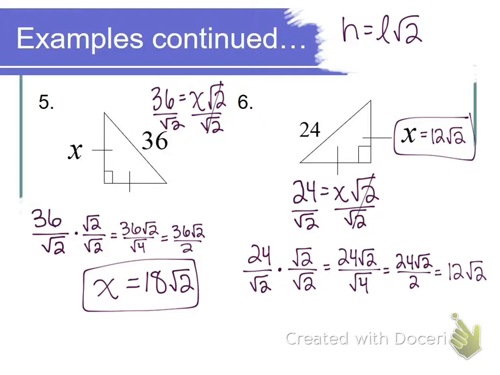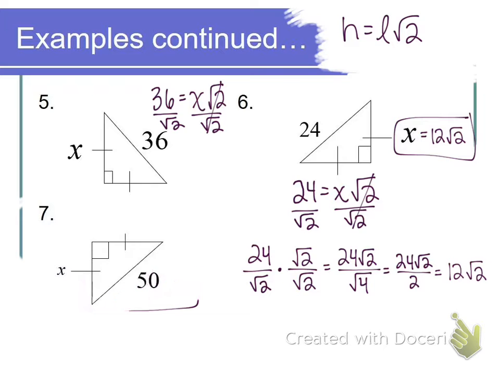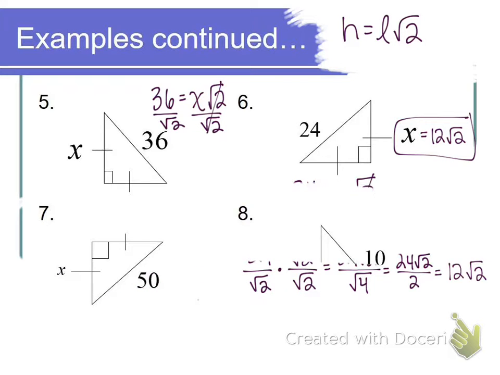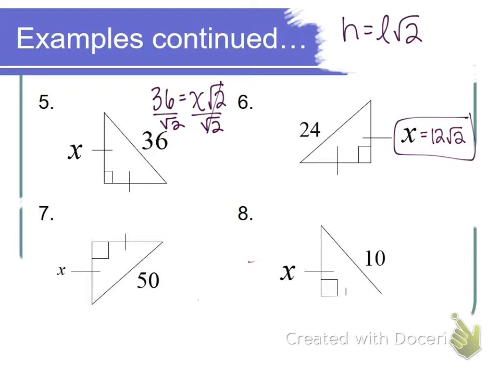All right, let's bring back 7 and 8. On number 7, we are looking for a leg. They told us the hypotenuse is 50, so we can plug it into our general equation and then start solving.